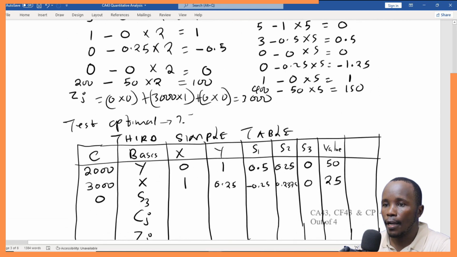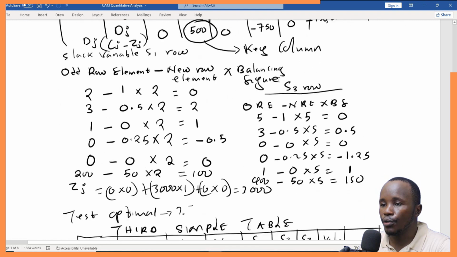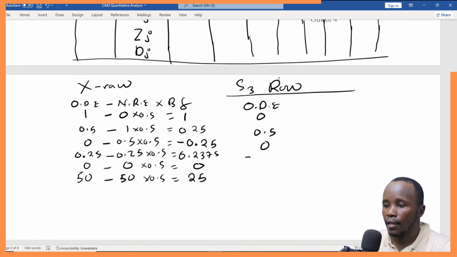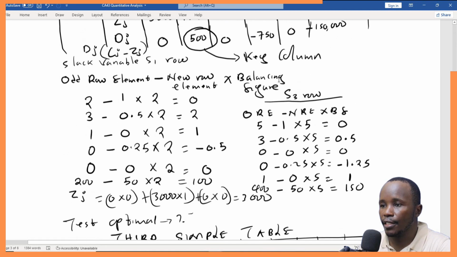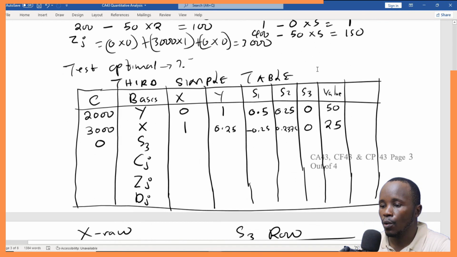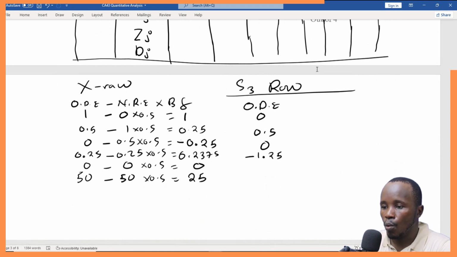Then I have what else? 0, 0.50, negative 1.25, 0. This is negative 1.25, negative 1.25, negative 1.25, what else? Negative 1.25, then 1 and 1/5. Good.